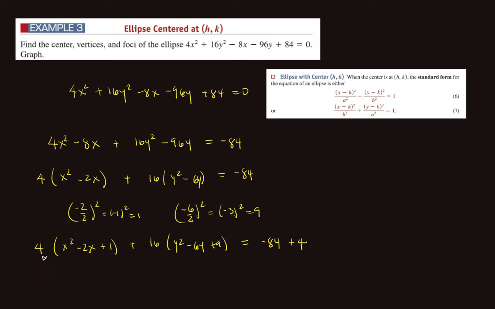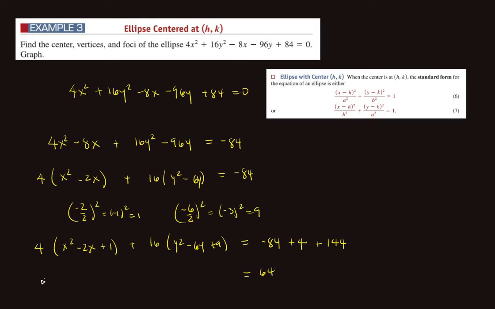Same thing is going to happen with the y: we're not adding just 9, we're adding 16 times 9, and 16 times 9 is 144. So we will have negative 84 plus 4 plus 144, and this is going to give us, I think it's 164. This is actually 64.